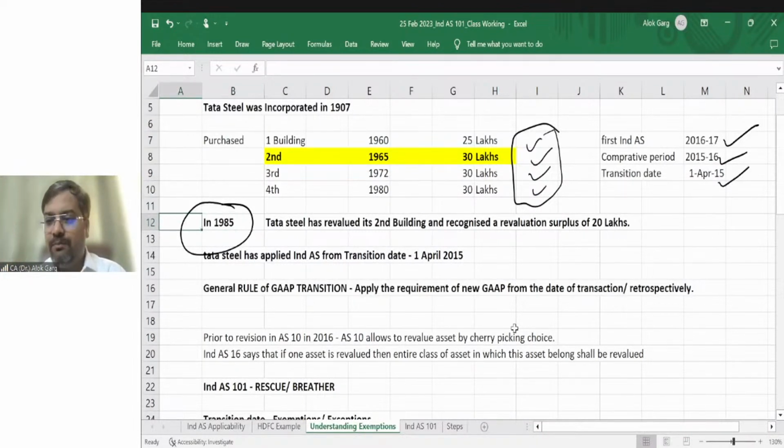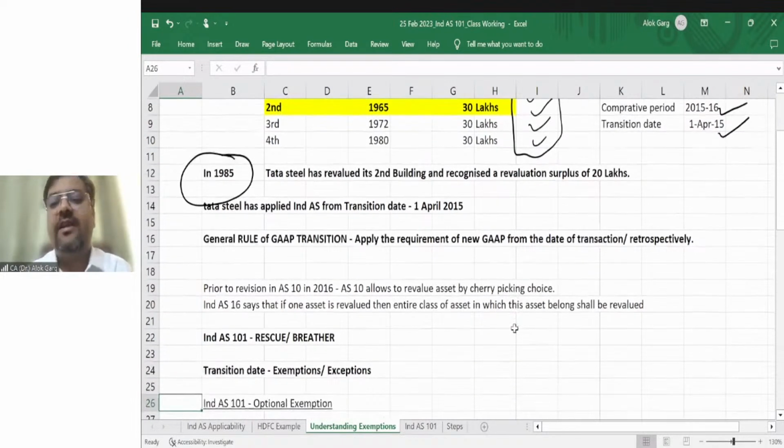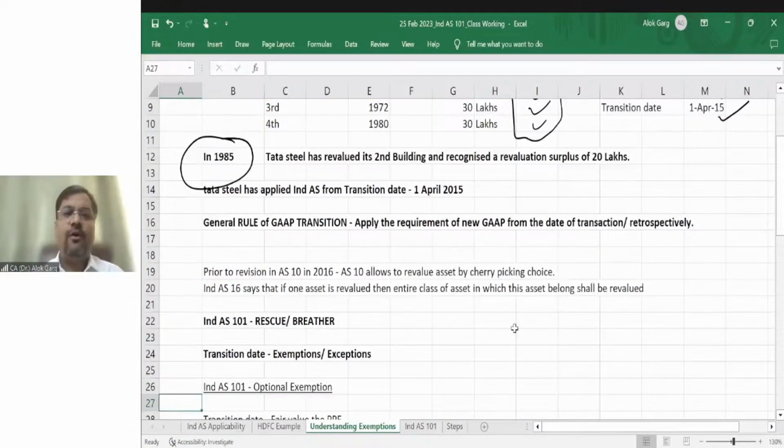It is next to impossible. It does not add any value. It does not make any sense, right? And it's a cost-intensive exercise as well. So friends, that is why Ind AS 101 has given some exceptions and exemptions. If someone comes and tells you, no, I want to do that for the last 30 years, do that. No one stops you.